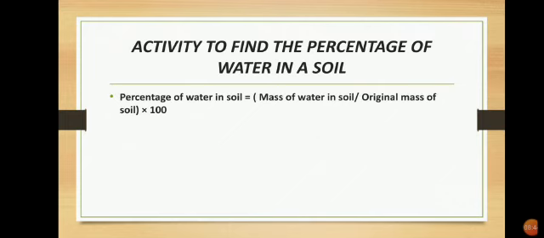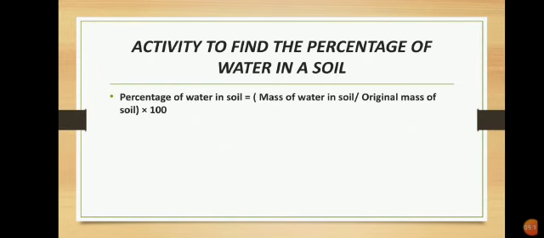For example, suppose the original mass of the soil was 200 grams, and after drying it came to 170 grams. So 200 minus 170 is 30 grams.